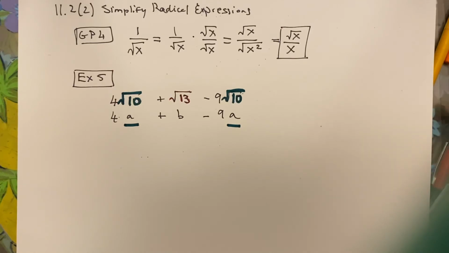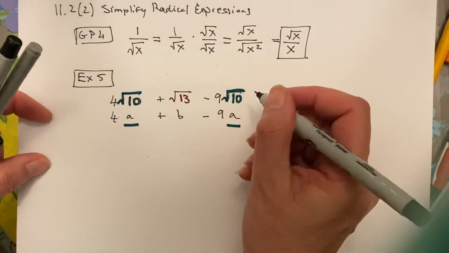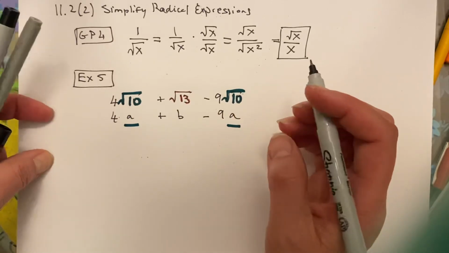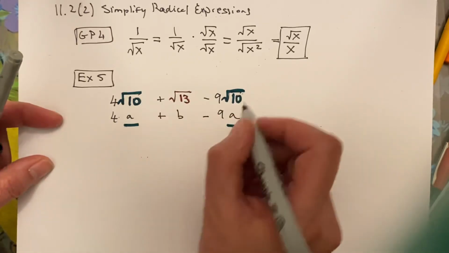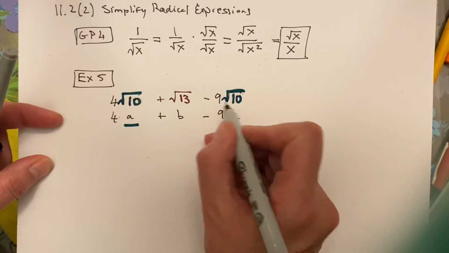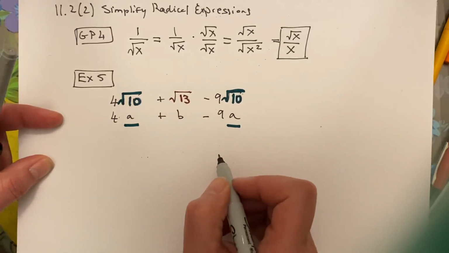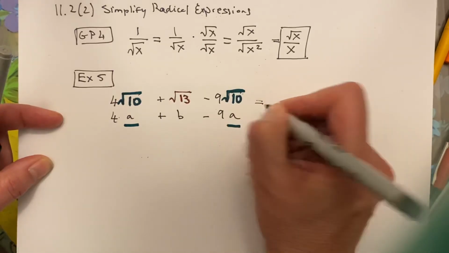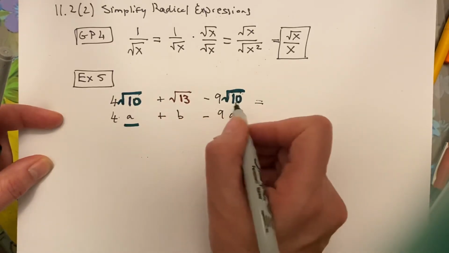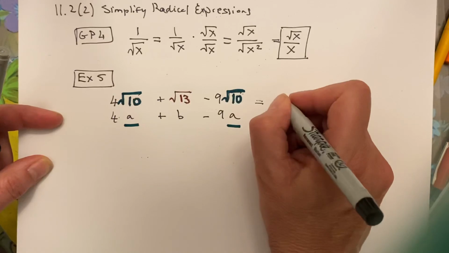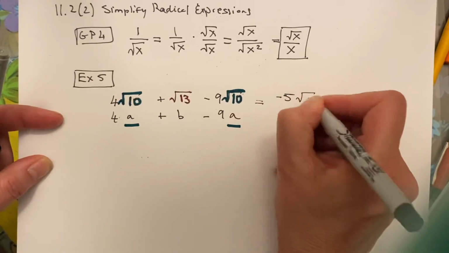So what you're doing when you're adding and subtracting radicals is you're basically adding and subtracting like terms. And 4 square root of 10 and negative 9 square root of 10 are like terms because they're both multiplied by the same number. So I end up with 4 square root of 10 minus 9 square root of 10 is negative 5 square root of 10.